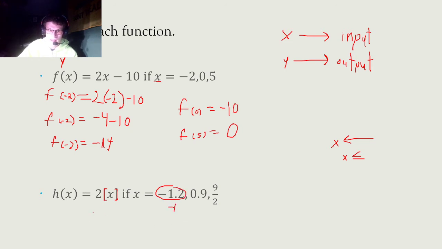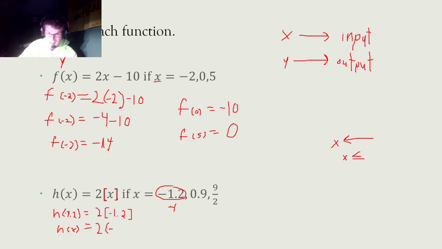So let's substitute in h of -1.2 equals 2 times the greatest integer of -1.2. -1.2 rounds down to -1.